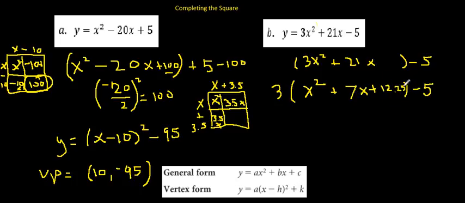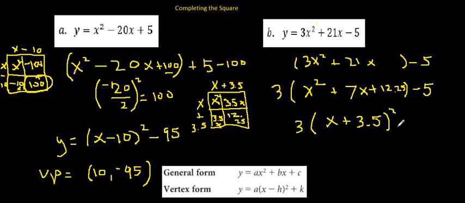So if we add 12.25, we know that this part right here will be, oh, I didn't add it here, 12.25, it's going to be x plus 3.5 times x plus 3.5. So this is going to become x plus 3.5 quantity squared, and you bring down the 3.